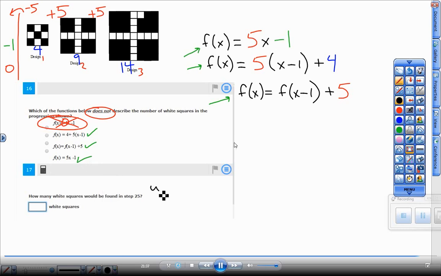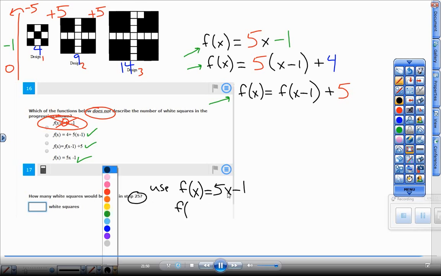I'm going to have you use this 0 term one, slope-intercept, the most common, so 5x minus 1. I'm going to take 25 and plug it in for x. So the function at the 25th term equals 5, and right here I put the 25. This is just notation to show what I'm doing.